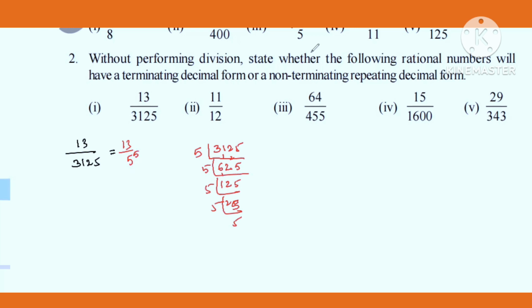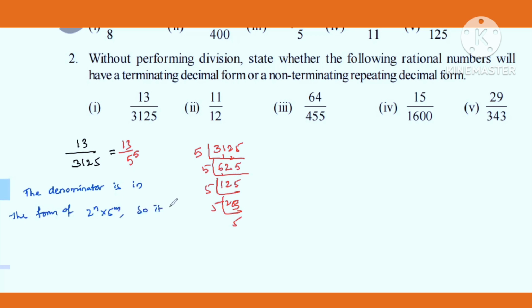So here, how to write the denominator? The denominator is in the form of 2 power n into 5 power m.